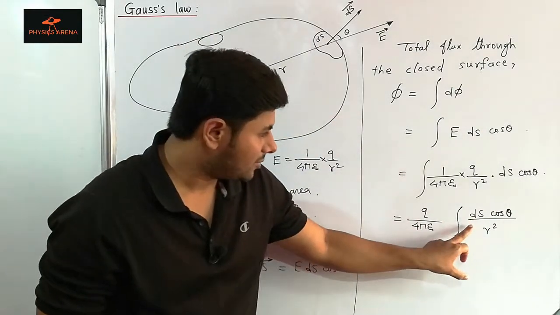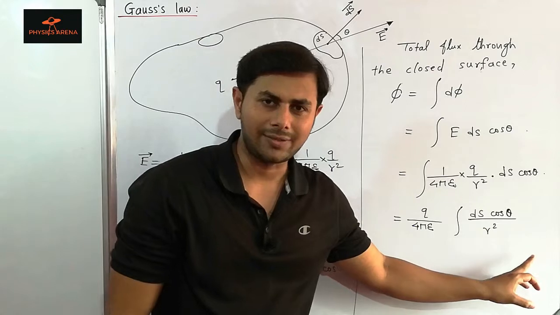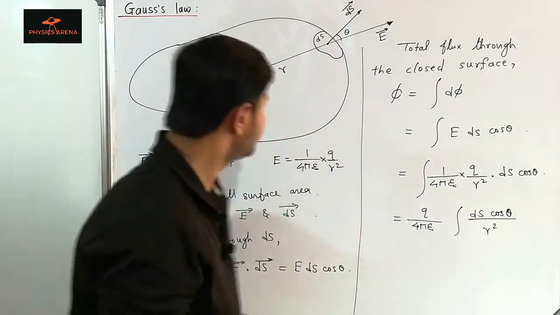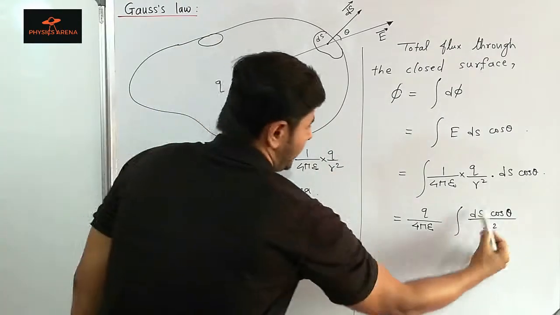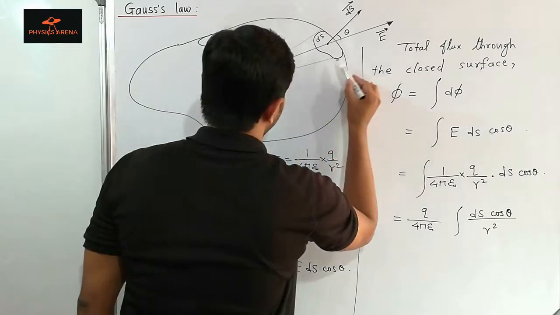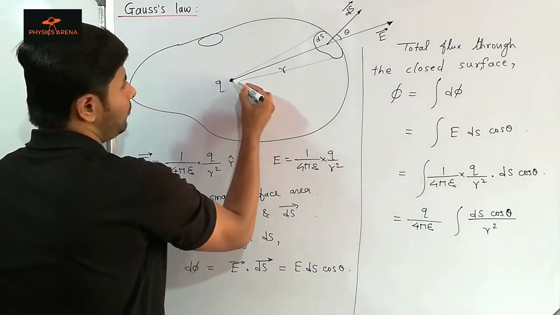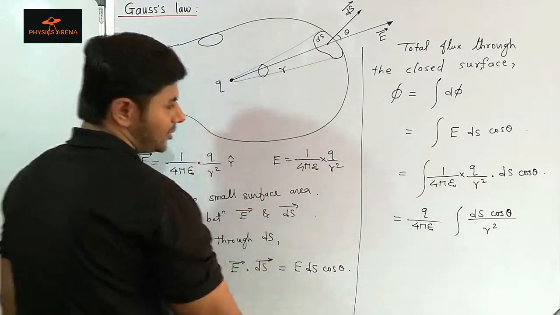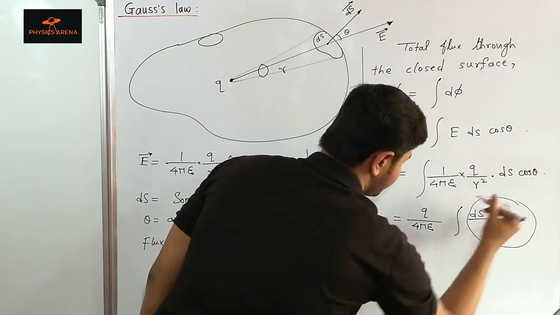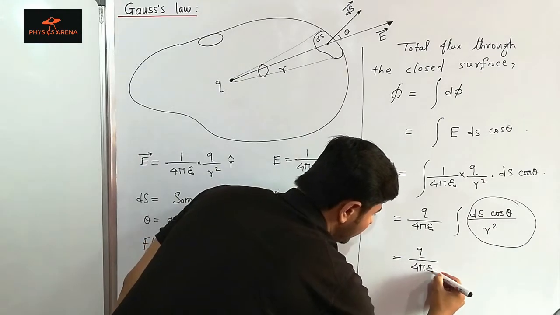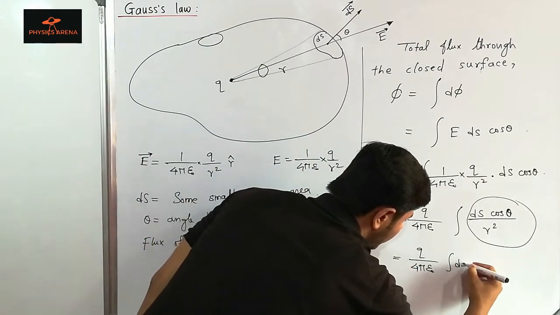Now recall, we defined the solid angle due to the surface ds by this thing. So this thing is just the solid angle due to this surface subtended at this point. So this is just d omega. So we have Q over 4 pi epsilon naught times the integral of d omega.